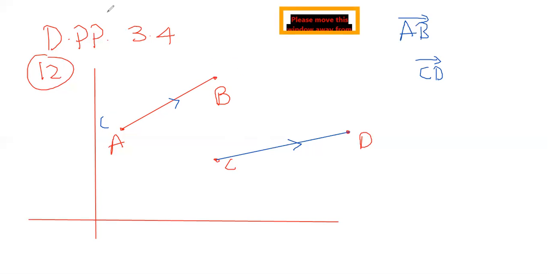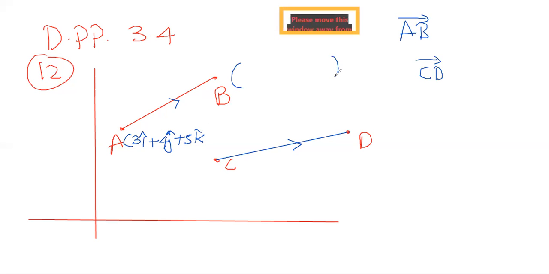Let us write the coordinates. See, i, j, k means coordinates only there. A bar is given in the question as 3i cap plus 4j cap plus 5k cap. This is A bar vector given in the question. Please don't forget to put the bar here.